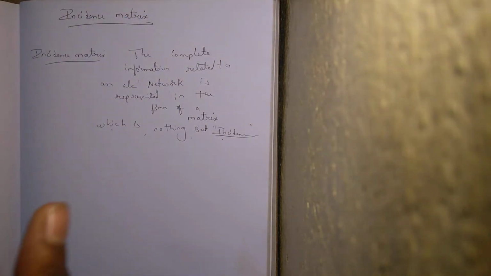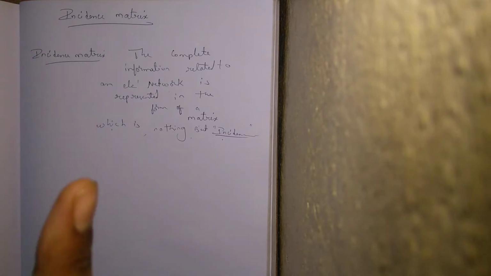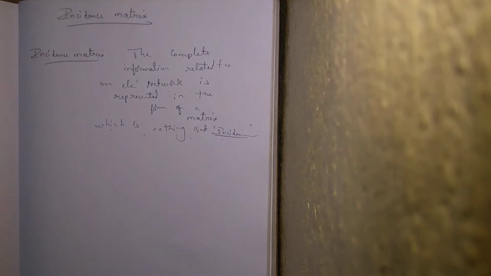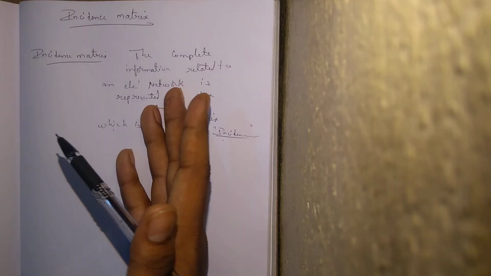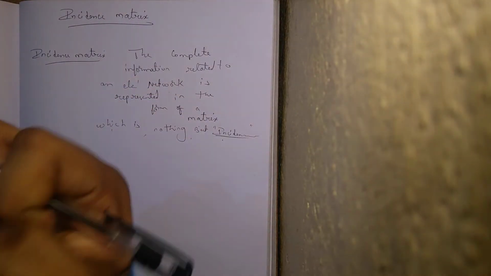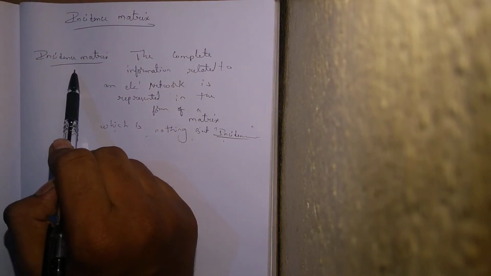All this information is present in a systematic way in the incidence matrix. With this incidence matrix, we have the complete picture of the network in our hands.